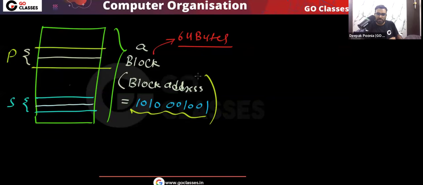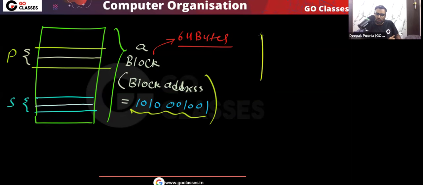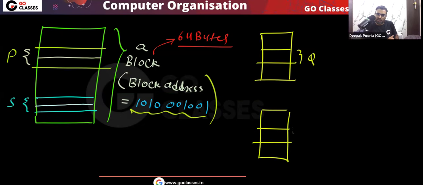And similarly, remember that P comma S, they belong to the same block, but the remaining, you can see Q belongs to some other block. Q is here, some other block, and R is here, some other block. Is this clear? I hope you understood.